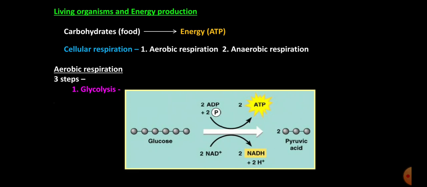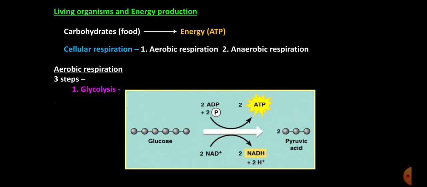So here in glycolysis, the raw material was glucose. The oxidation of glucose takes place and it is converted into 2 molecules of pyruvic acid. These 2 molecules of pyruvic acid are converted into acetyl coenzyme A. So the final product of glycolysis is acetyl coenzyme A.